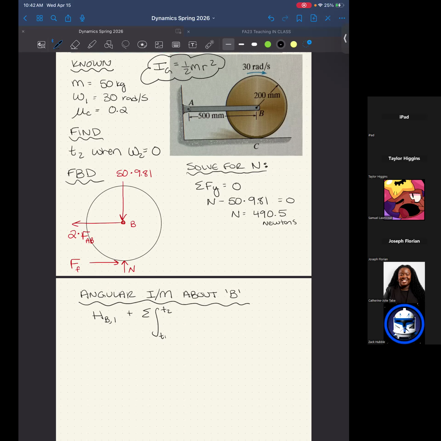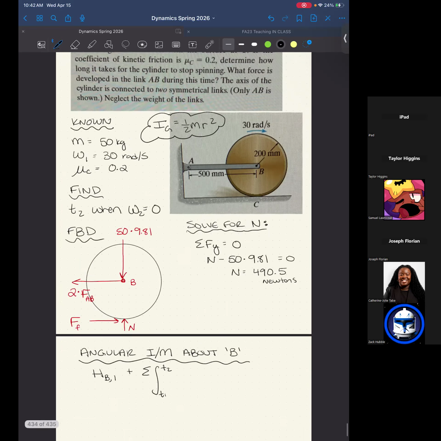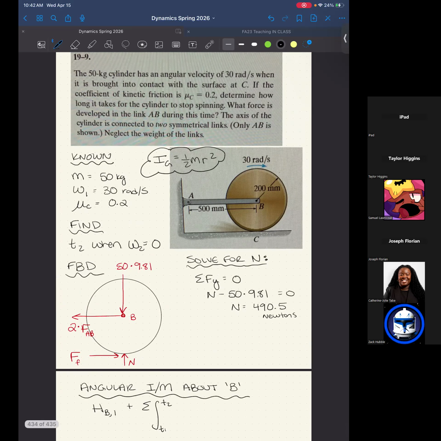There is not. AB is safe to assume it's massless because we're not given a mass, and therefore it's a two force member. There are only forces applied at A and B, which tells us that the forces applied by member AB can only be tension or compression along that line that connects A and B. So it's only in the X direction.